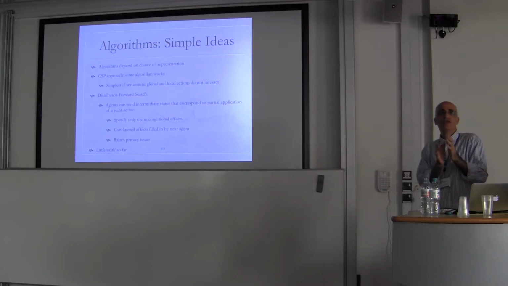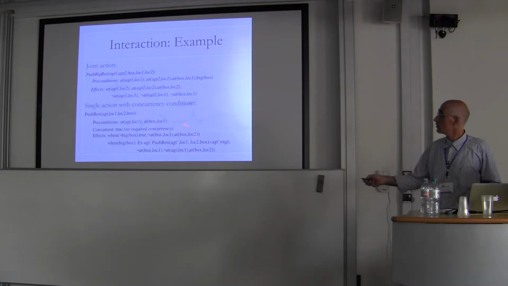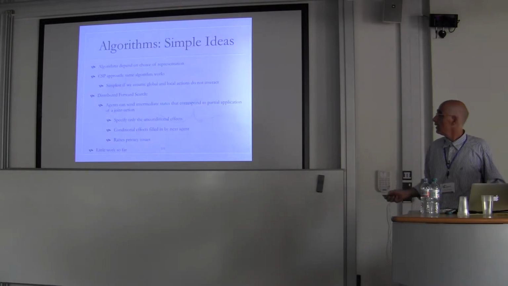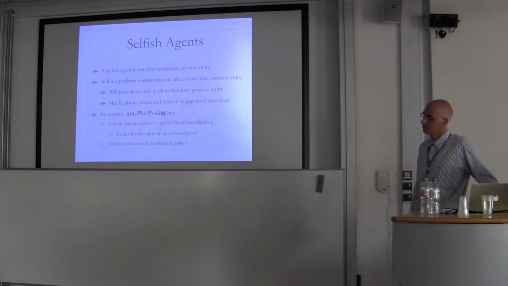And this way you can develop the search space, sometimes applying concurrent actions, sometimes applying no concurrent action. This makes sense with the second representation. There are some subtle issues about conditional effects and so forth. I'm not going to go into it.